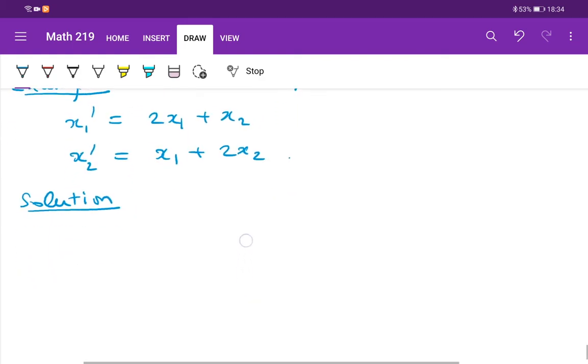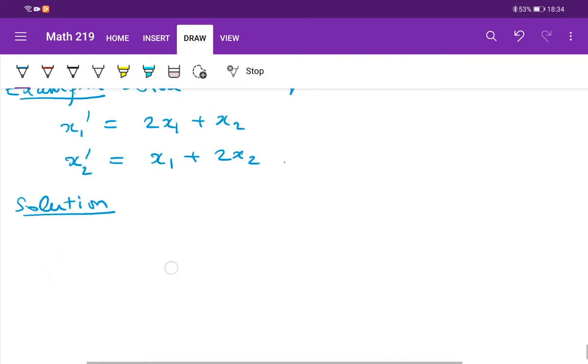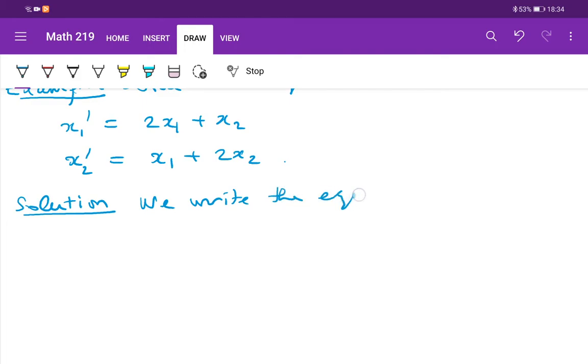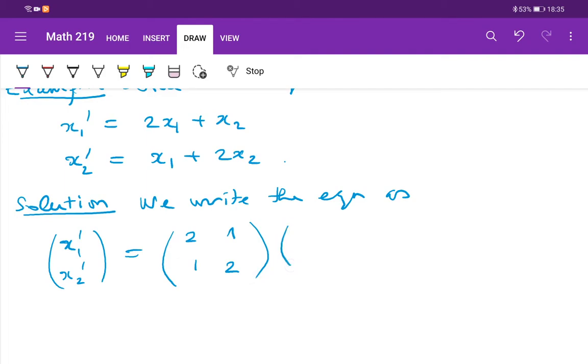So let's write this as x1 prime, x2 prime is equal to the matrix 2 1 1 2 times x1, x2.